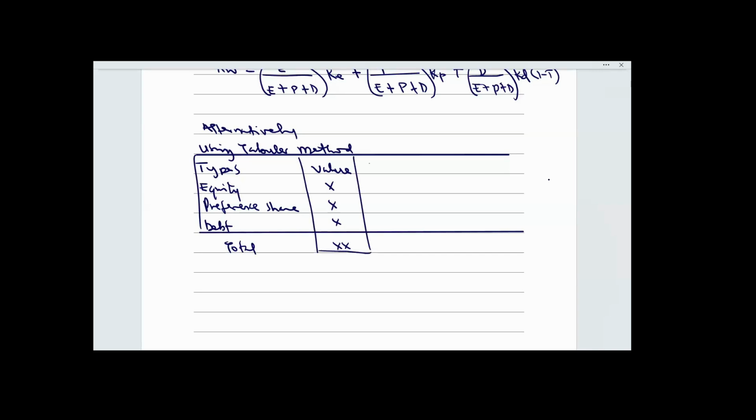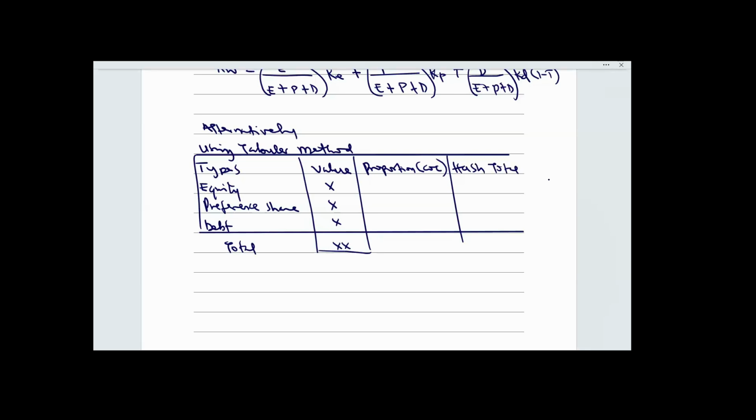Then we can have the cost of individual capital, or you call it proportion. Let me rewrite it. All right.